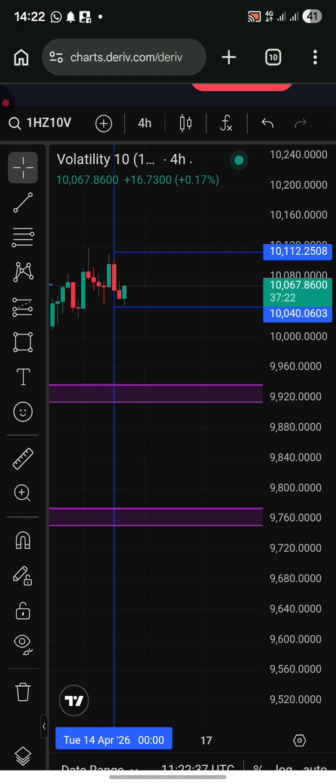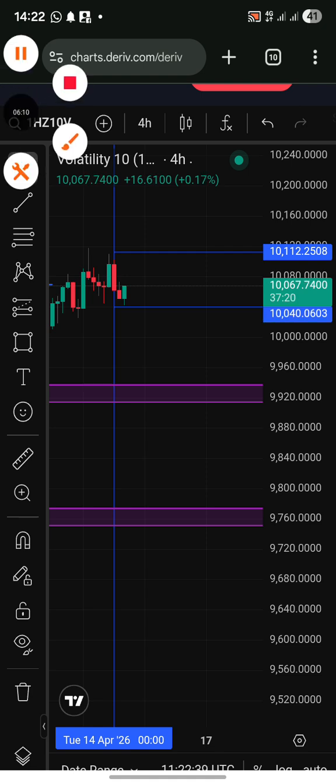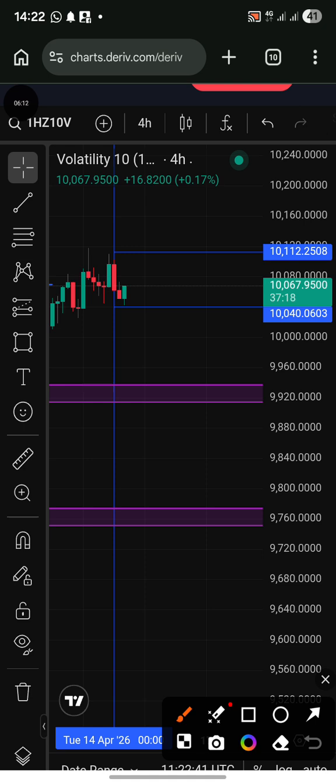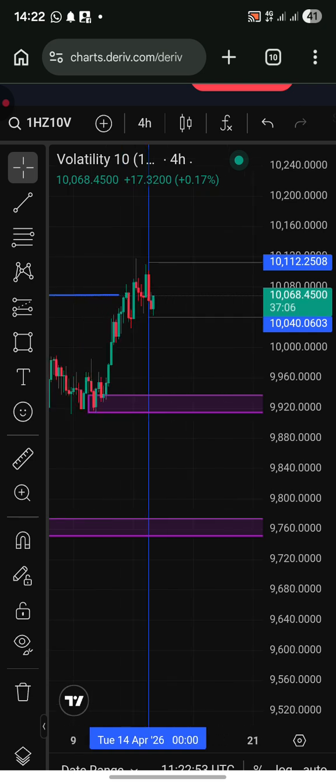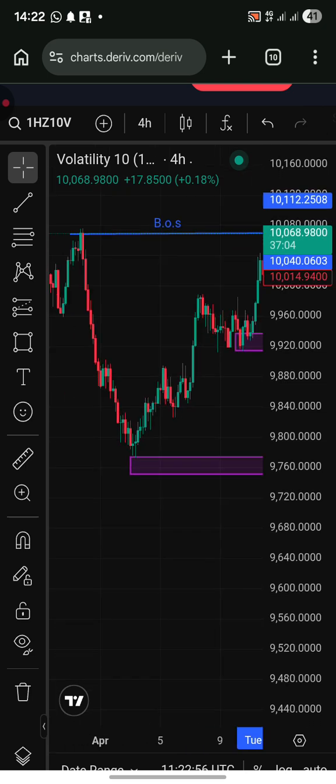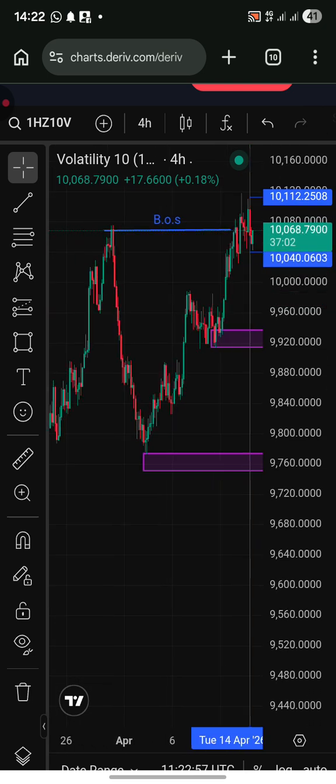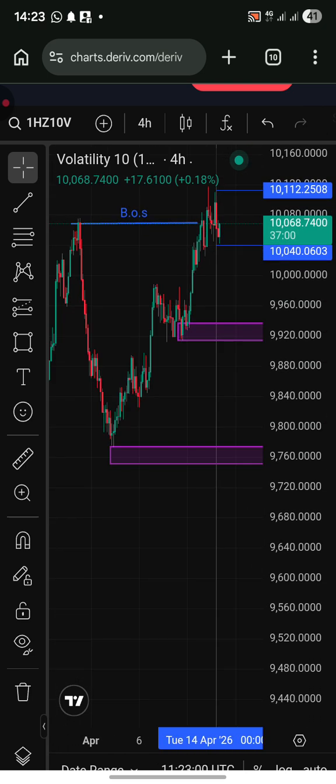And if you can see, this is also a higher high of the market and a higher low of the market. So that means the market has been moving upward. So we have a change of character here, and also another one here.